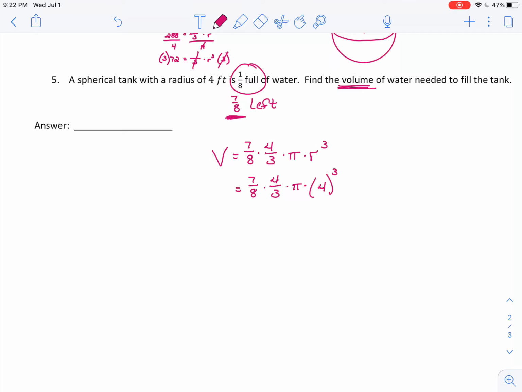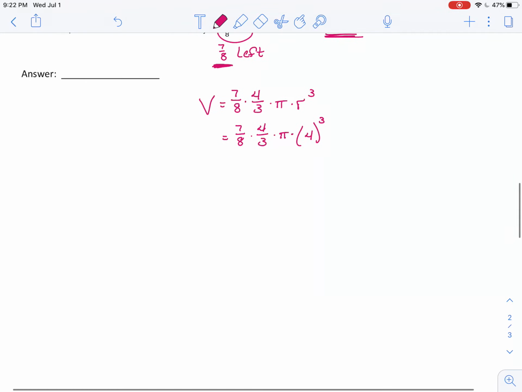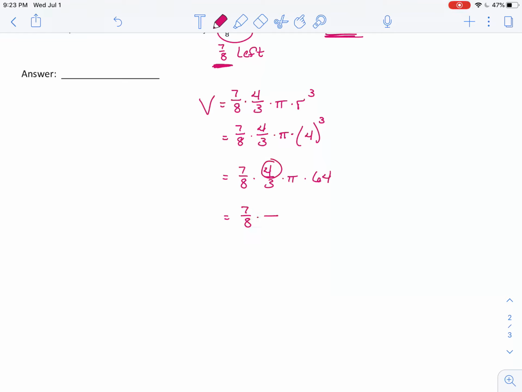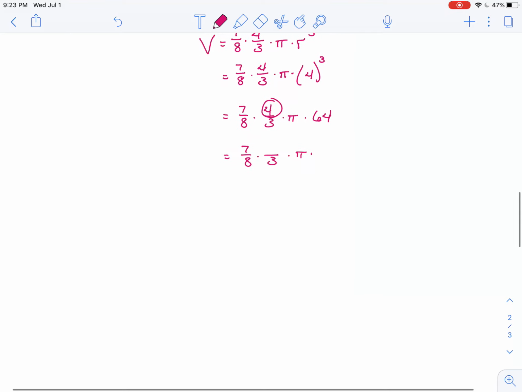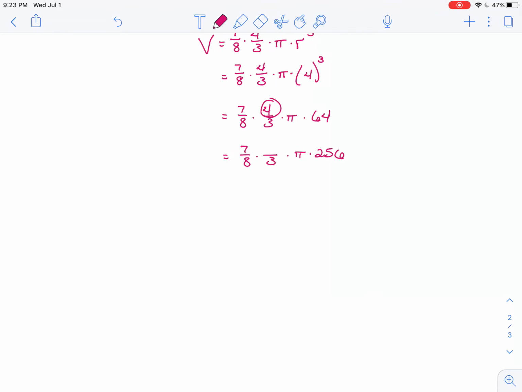First thing I would like to know is what is 4 to the 3rd power, and I get 64. Then I'm going to multiply by this 4. Everybody else stays the same. 64 times 4 is 256. I'm going to go ahead and just keep multiplying. So I'm going to multiply by this 7 also. I'm going to leave the division for the end because that's when some unpleasant fractions might show up, or decimals. So 256 times 7 is 1792.